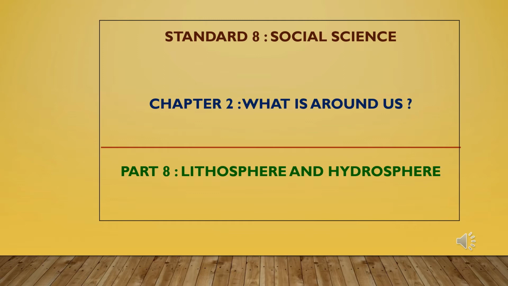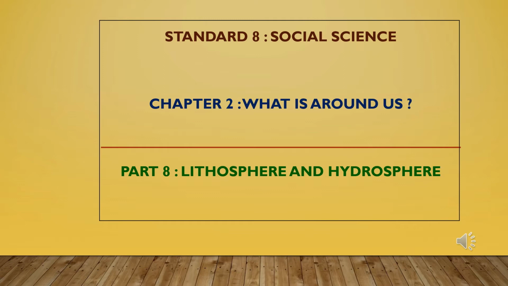The names of each of these spheres come from Greek words that describe what they are made of: geo for ground, hydro for water, bio for life, and atmos for air.